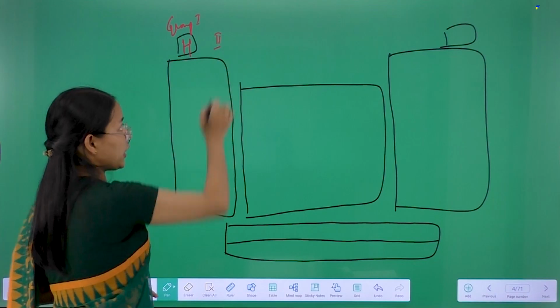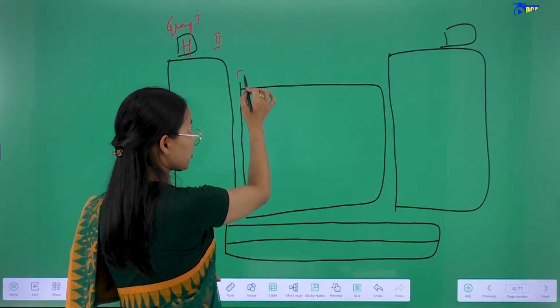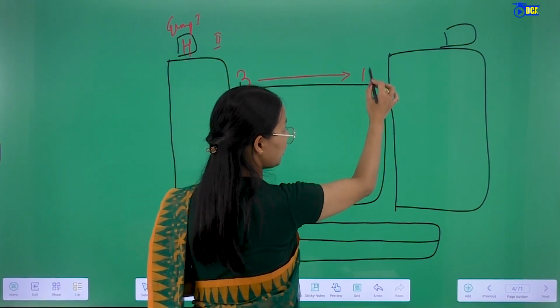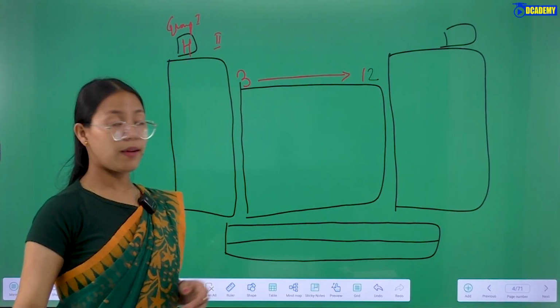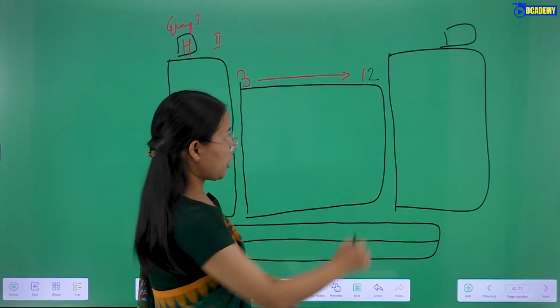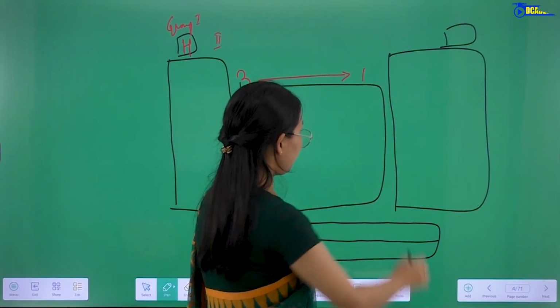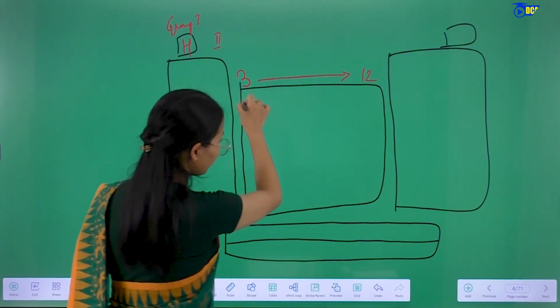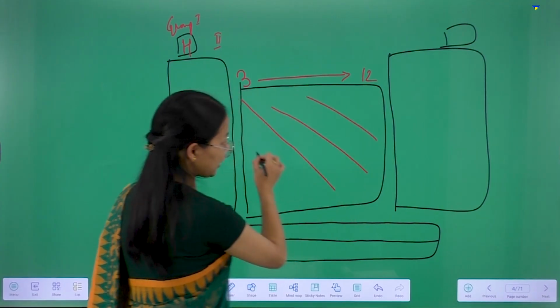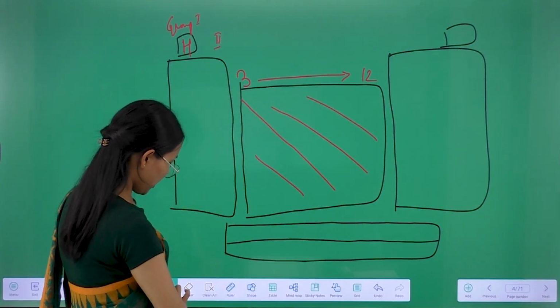Now here, see group 3 to group number 12. This will be known as what?